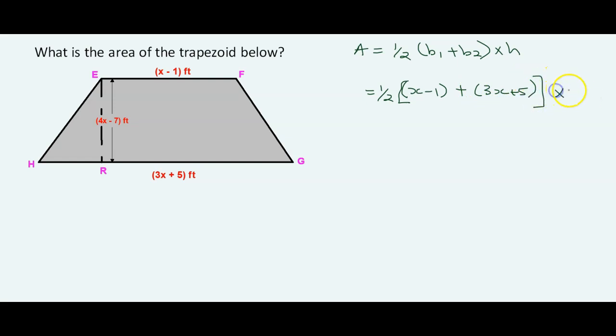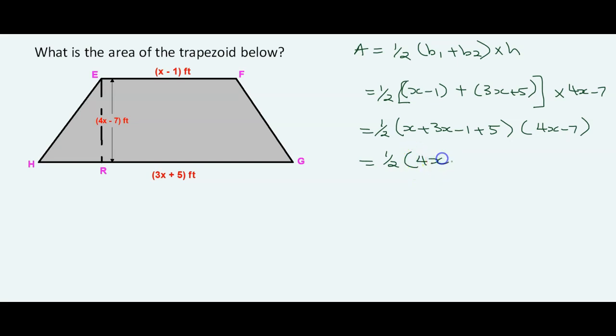And then we multiply this by 4x minus 7. The first thing we're going to do is simplify what's inside the square brackets. So we have 1/2, x plus 3x minus 1 plus 5, and then we multiply that by 4x minus 7. So this gives us 1/2, 4x plus 4, and then we multiply by 4x minus 7.